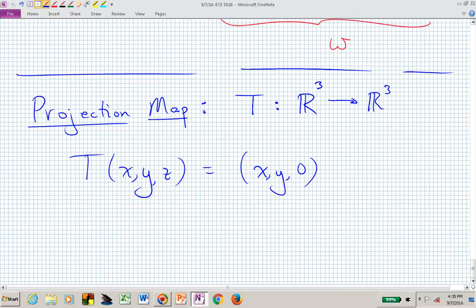I stay at the same xy coordinates. Now do you have a feel for this algebraic operation of T(x, y, z) is equal to (x, y, 0)?